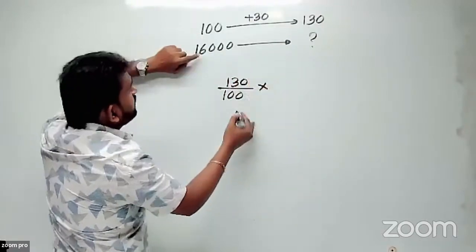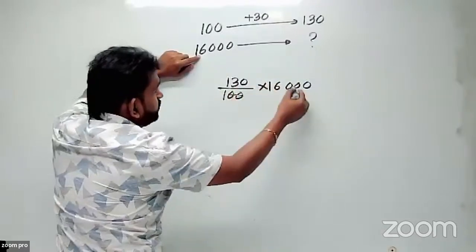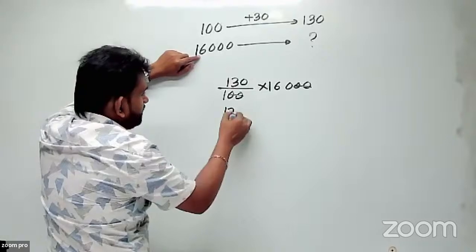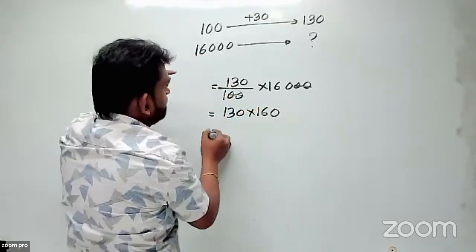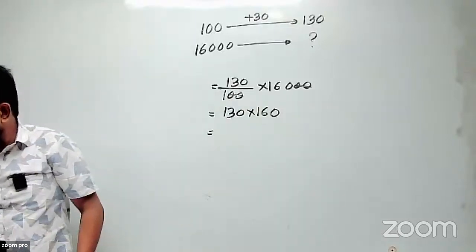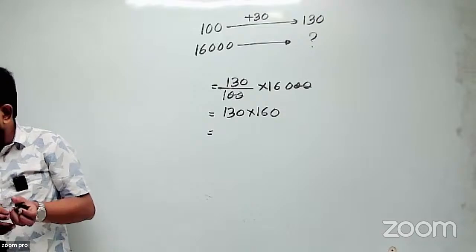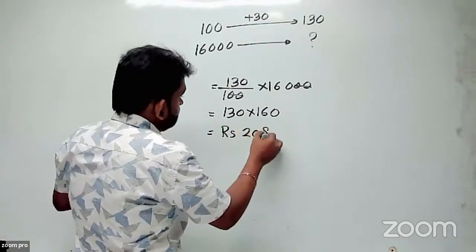If the initial value is 16,000, how much with custom duty? Two zeros cancelled. Then 130 into 160 multiply, that gives you 20,800 rupees.